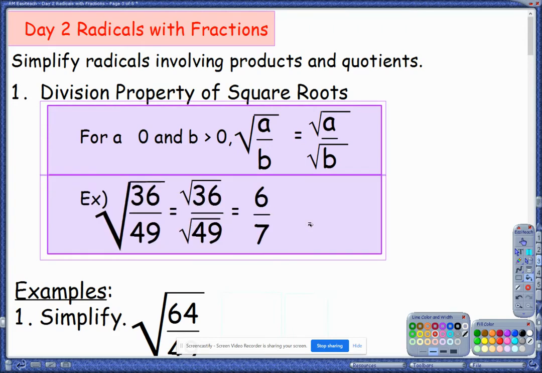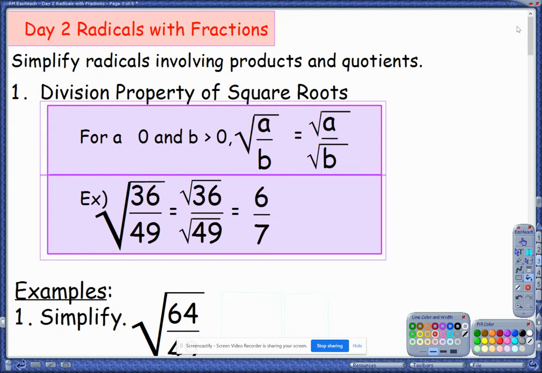Let's take a look. We have the square root of 36 over 49, and you must recall that 36 and 49 are both perfect squares. So we put the radical on the numerator as well as the denominator separately, and then radical 36 becomes 6 and radical 49 becomes 7.